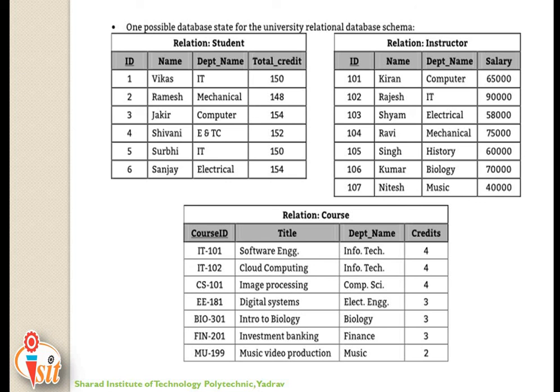Then titles for those course IDs are software engineering, cloud computing, image processing, etc. Department names, for which department the subjects will be there: software engineering is in information technology, cloud computing is also in information technology, image processing is included in computer science, digital systems are in electrical engineering, and so on. Now various credits for those courses will be here.